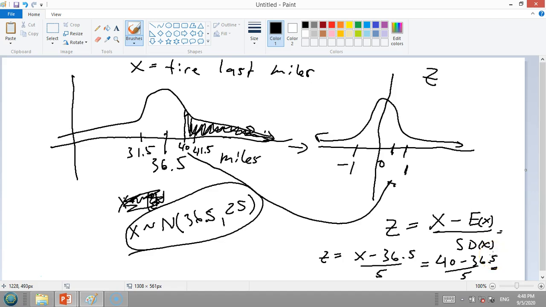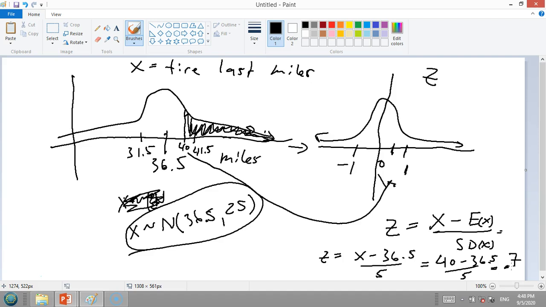You can just get a little calculator and you'll get it. Okay, it's going to be exactly 0.7.